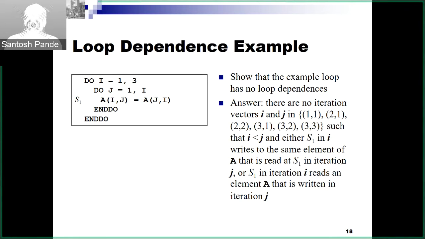You will see that such a case does not exist in this particular case between two different j iterations, two different I iterations, and so on of these different iteration vectors. And therefore, this particular loop is indeed parallelizable.